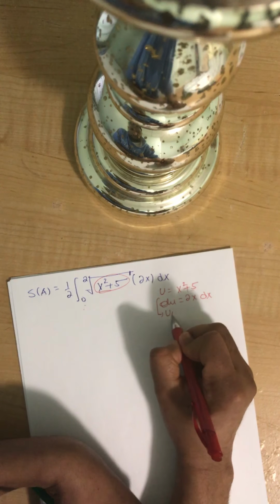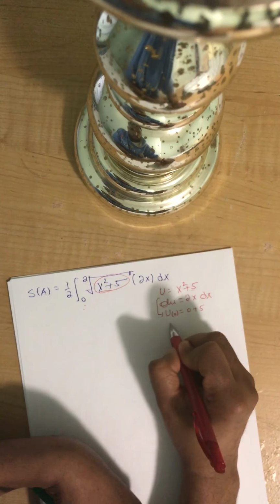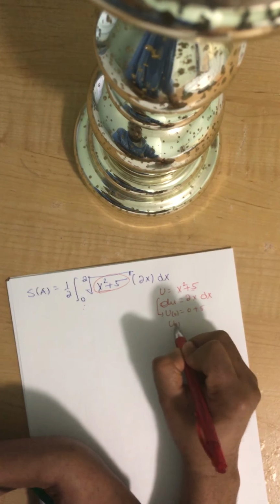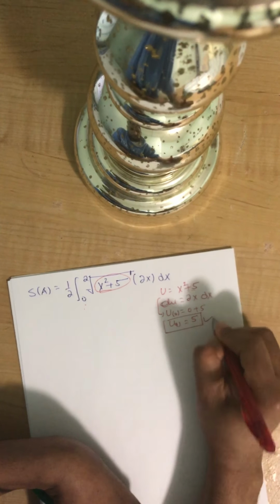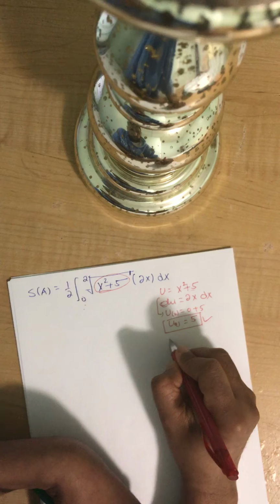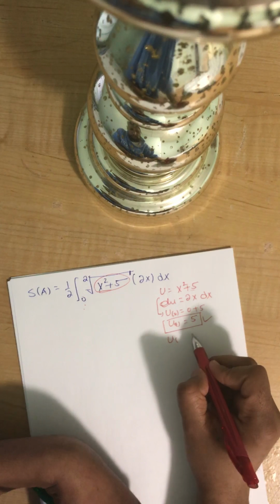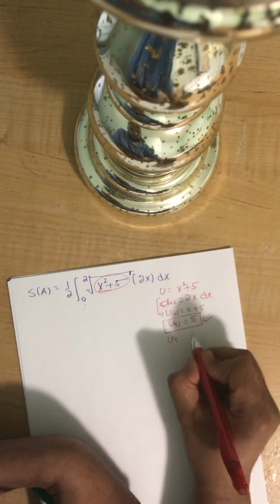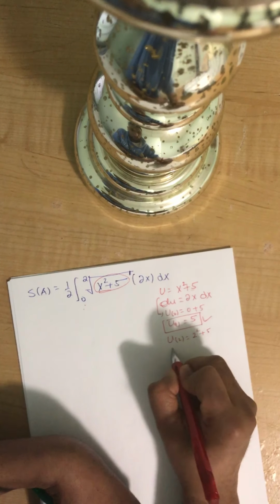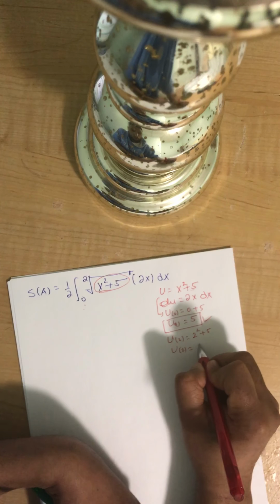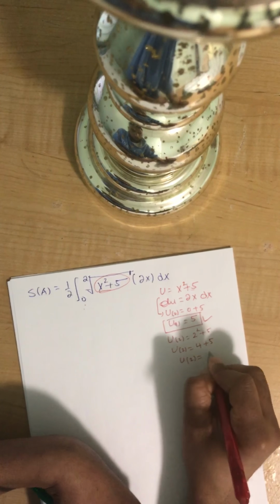So if x is equal to 0, u of 0 is equal to 5. Okay, no problem with that. And if I use 2 for x, 2 squared plus 5, so u of 2 is equal to 4 plus 5, so u of 2 is equal to 9.